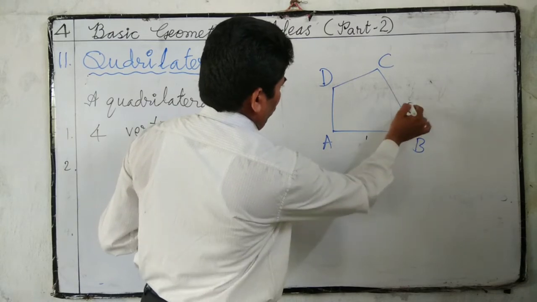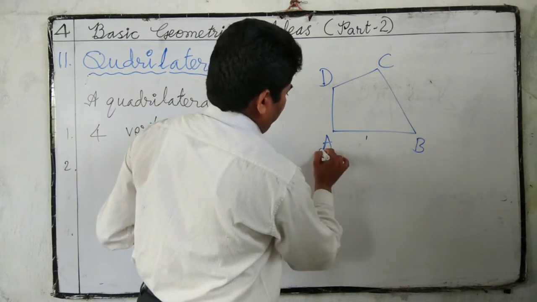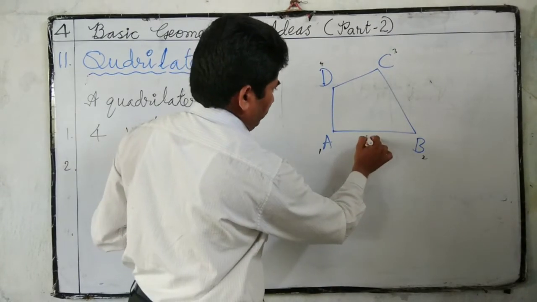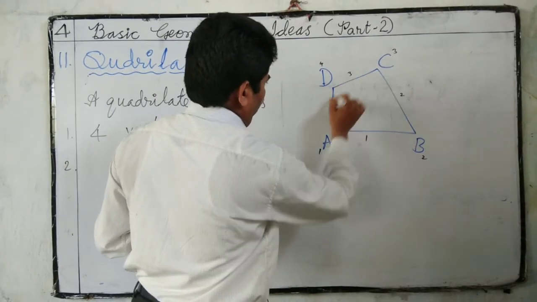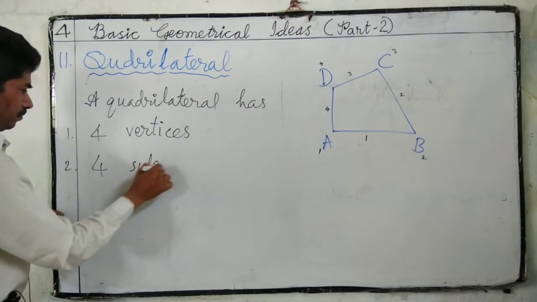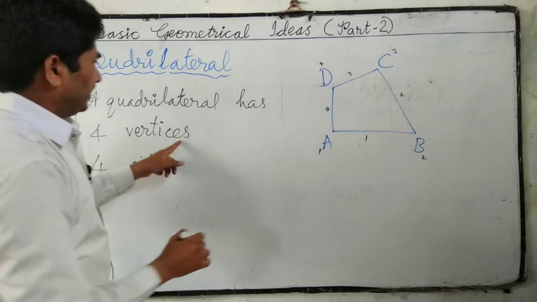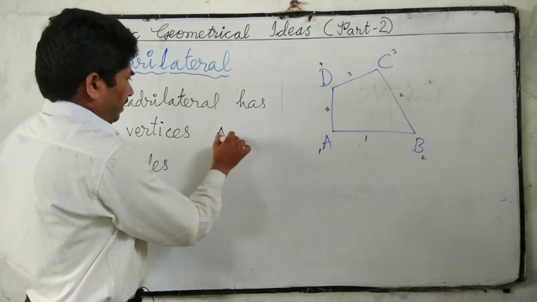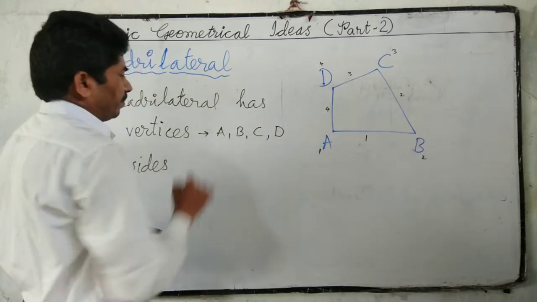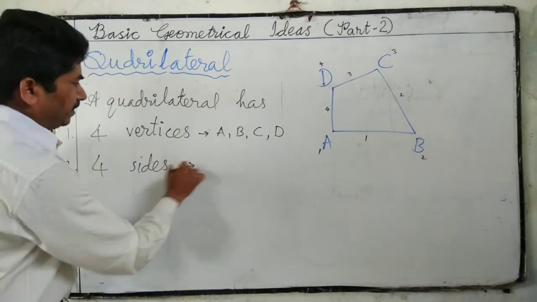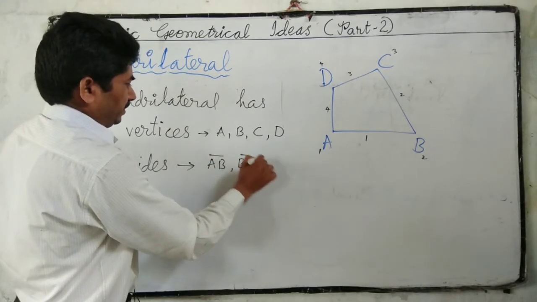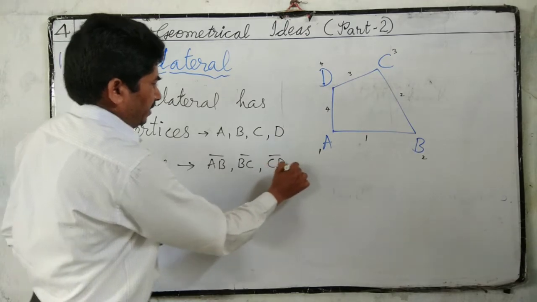The 4 vertices are A, B, C, D. The 4 sides are AB, BC, CD, DA.